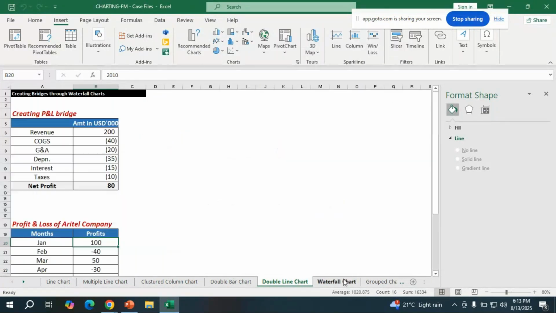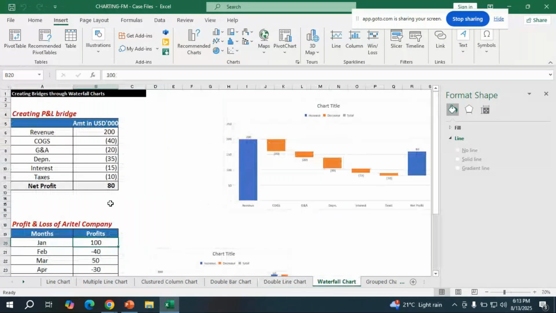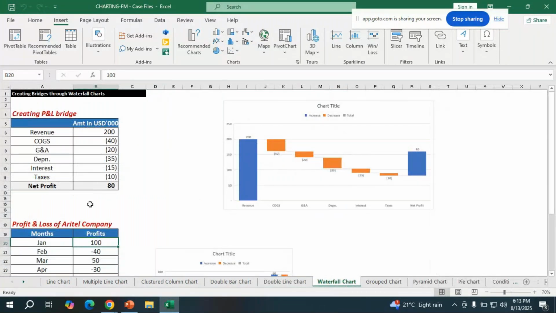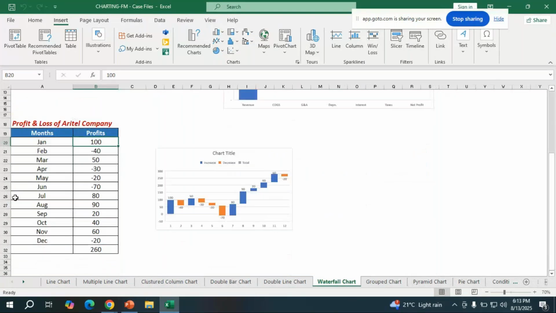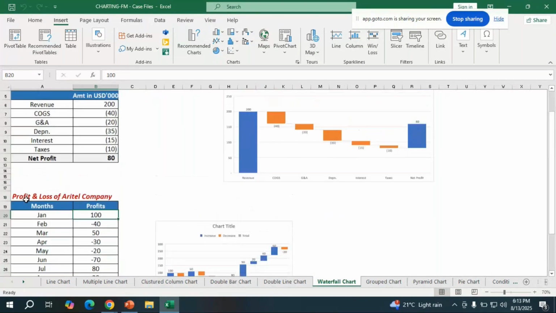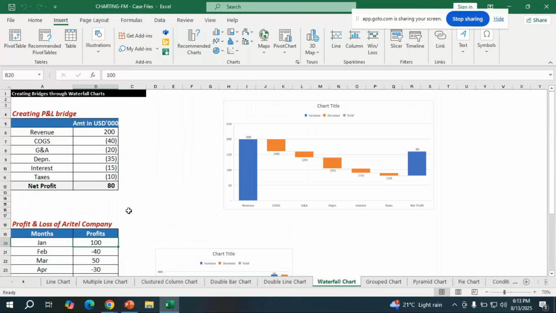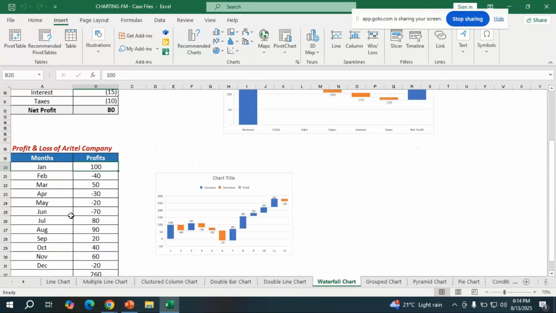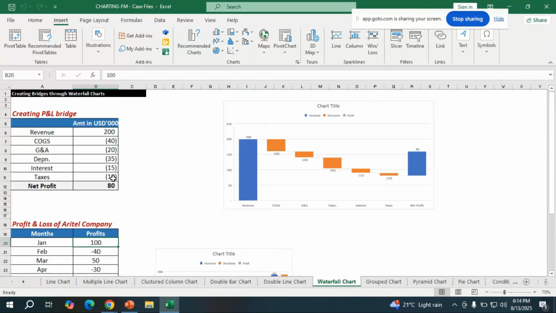Okay, and this is a waterfall chart. So you can try out the waterfall chart. Here there are two charts, so you can try with the first one. I'll put up this Excel sheet for you so you can do this chart.